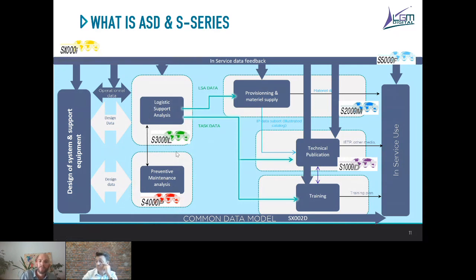Then you have the S2000M for material, for the spare parts, and the provisioning of the spare parts. And you have the S1000D for documentation, the S6000T for training, and the S5000F for feedback, and the E for integrated logistic support, the SX00E.